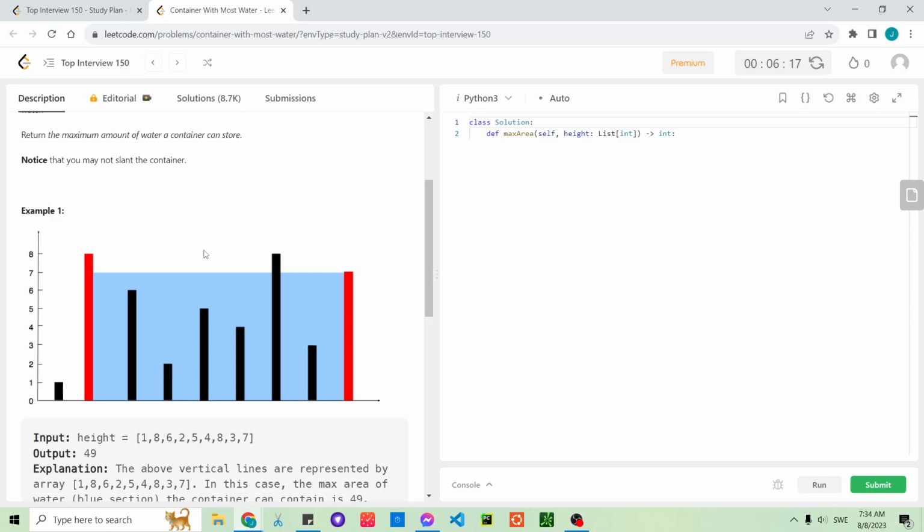Okay, so in that case, since all the lower ones will not give us more water, when we are going towards the middle, when we see a lower value, that will not give us more water than what we have already encountered. That's an important point. So it will only have more water when we see a higher value.